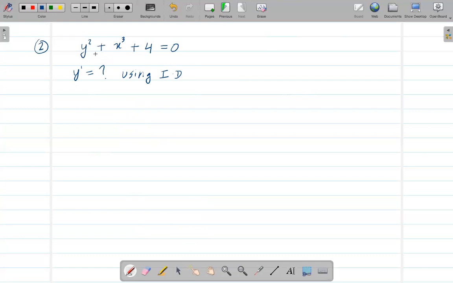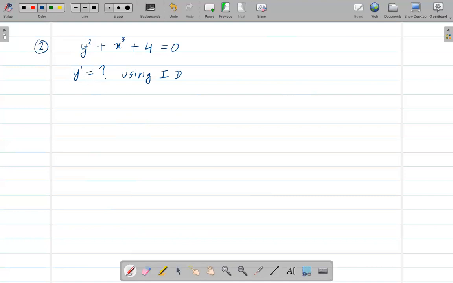When you see a function like this, you can automatically think that y is dependent on x, unless the problem specifies otherwise. If the problem is not specifying that, the standard way to understand the equation is that y is a dependent variable. So here I'm trying to find y prime in terms of x.